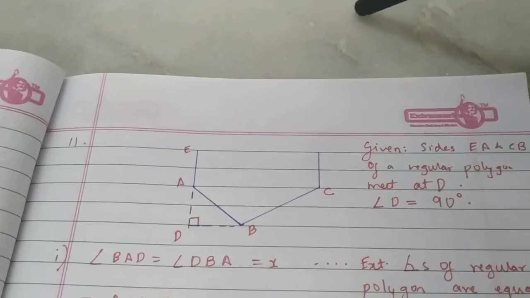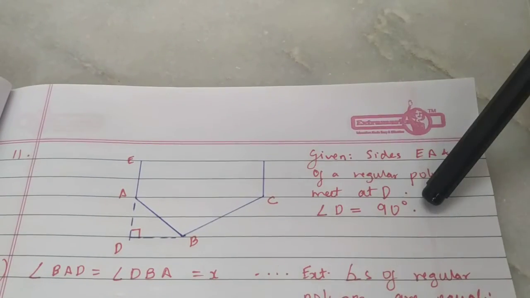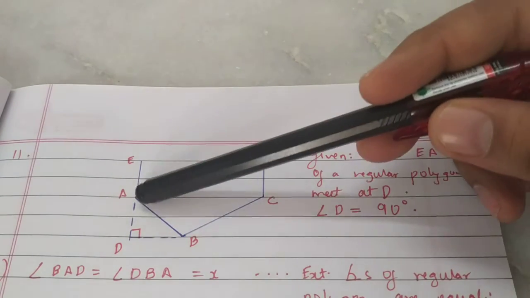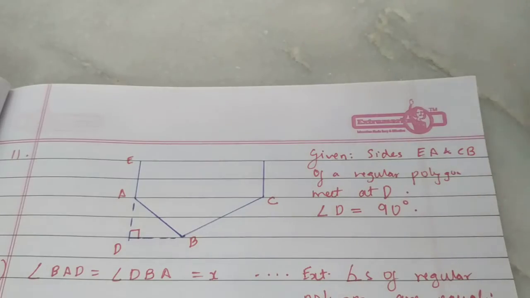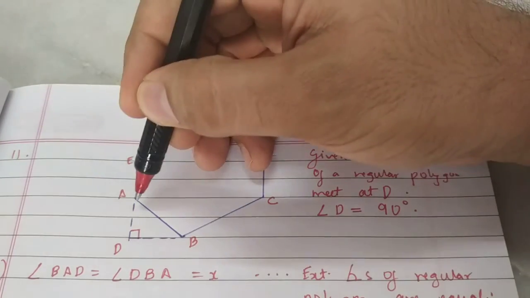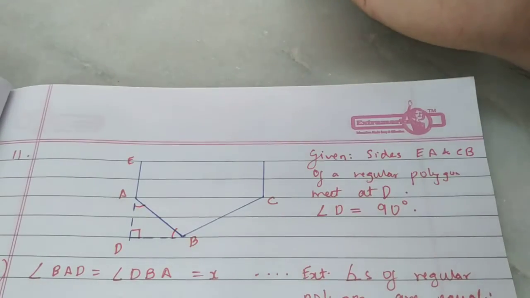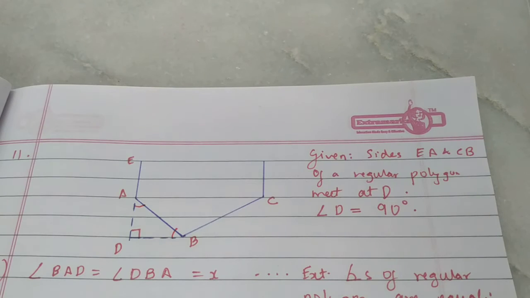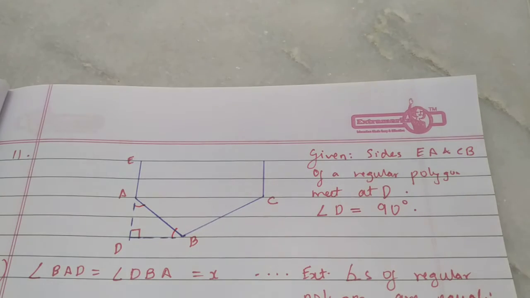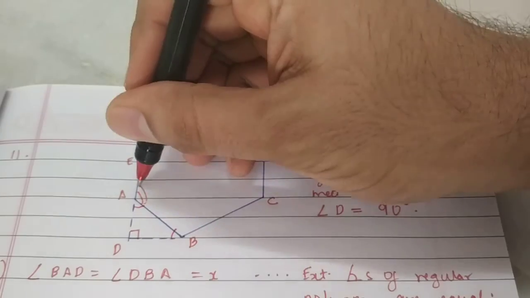So the given is not given, so write the given here like this. Now in this triangle ADB, this angle is equal to this angle. Because it's a regular polygon, that means each exterior angle is equal. This is called an interior angle.